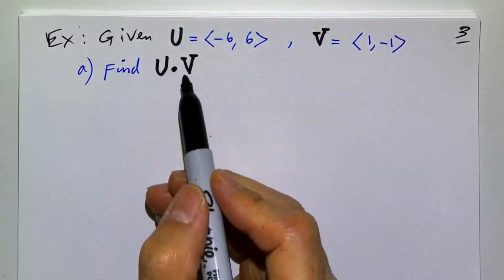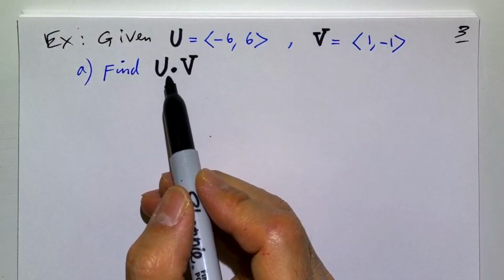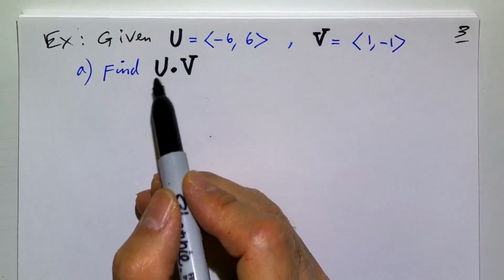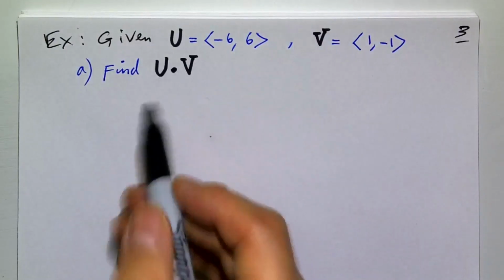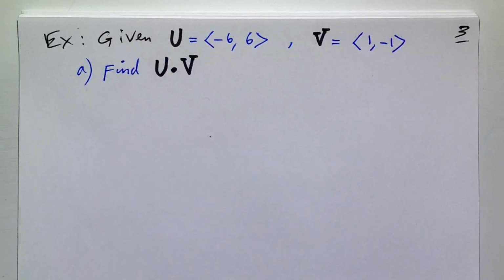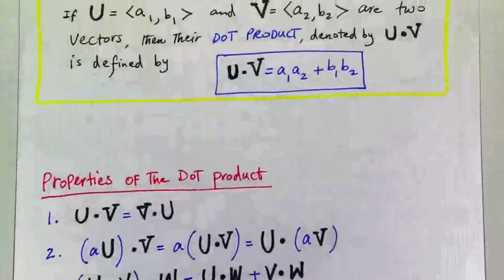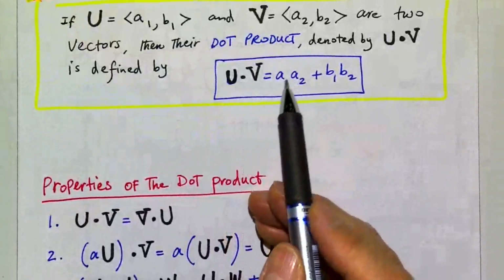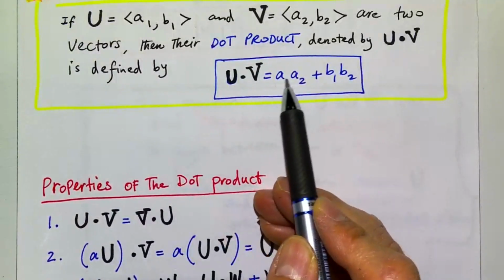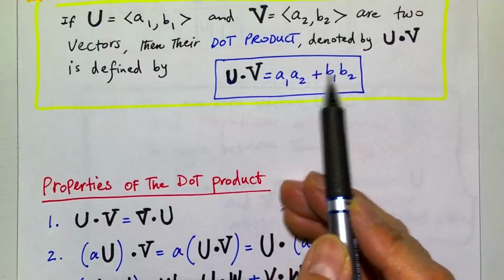And remember that whether we're looking for the dot product v dot u or u dot v makes no difference. They're the same value. Okay? So as the formula said, to calculate the dot product, we multiply their equivalent components and then add the results together.